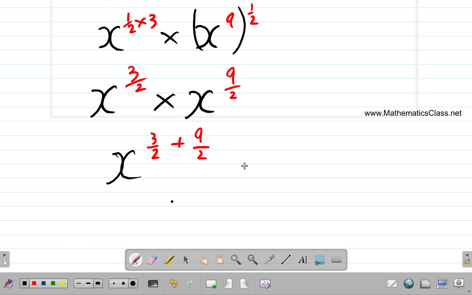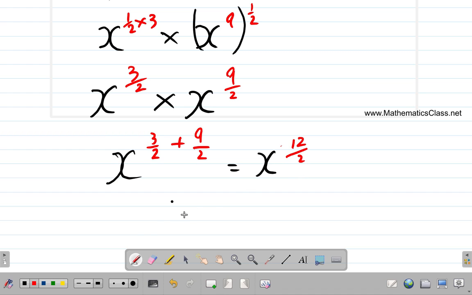Alright? So if you have 3 of anything plus 9 of that same thing, then what you get is 12 of that thing, 12 halves. So it's 12 halves, which is 12 divided by 2. So you see that.